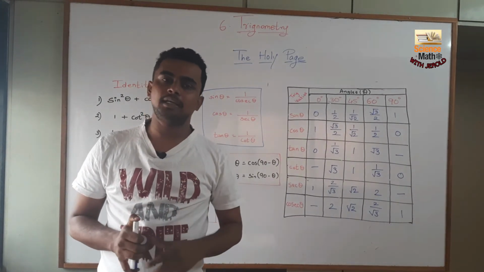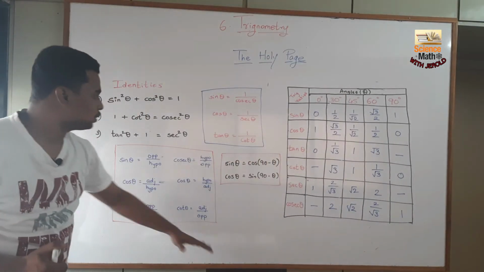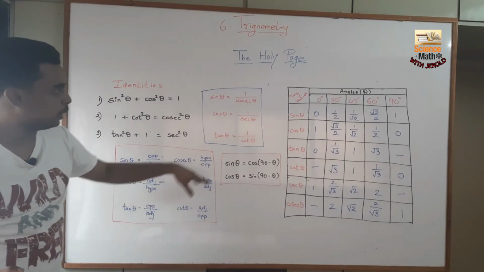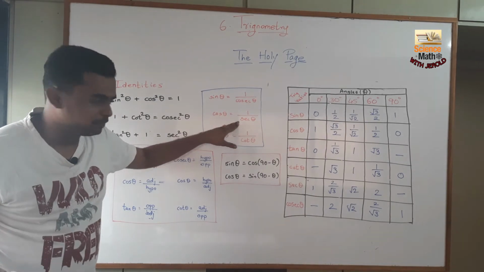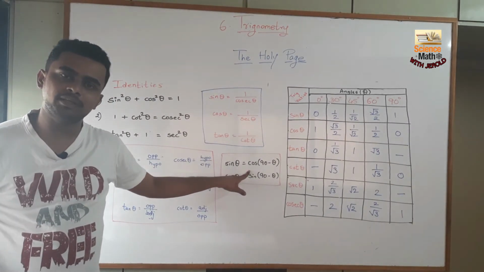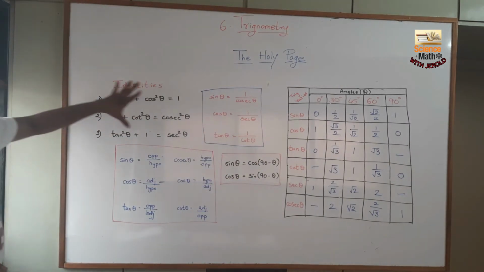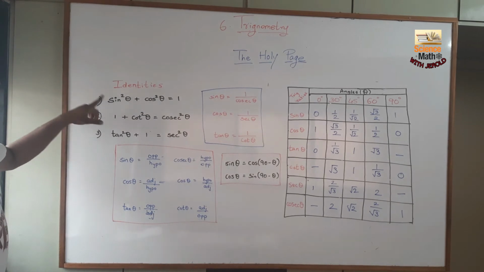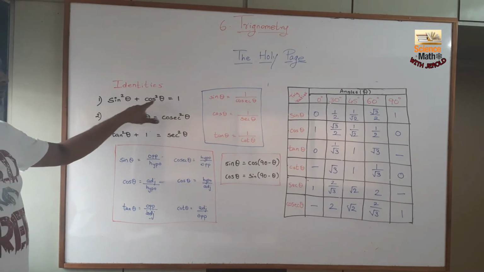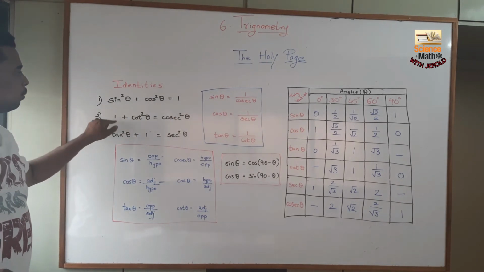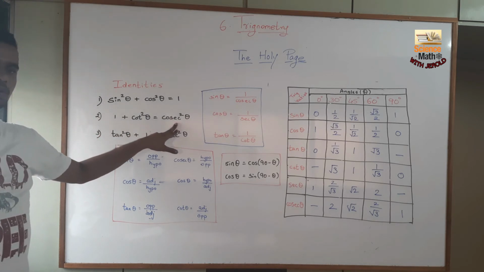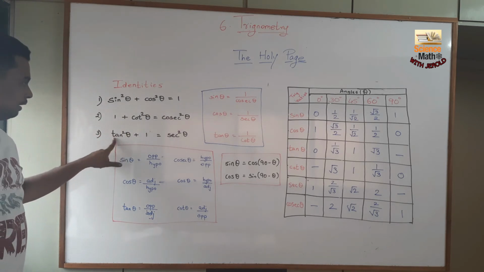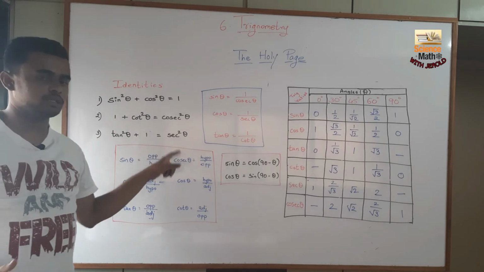The first practice set will be solved based on what we saw. These ratios I explained to you all. These ratios are very simple. This we have seen in the previous standard, that is 9th standard, and this is the new thing introduced. Sin square theta plus cos square theta is 1. 1 plus cot square theta is equal to cosec square theta, and tan square theta plus 1 is equal to sec square theta.